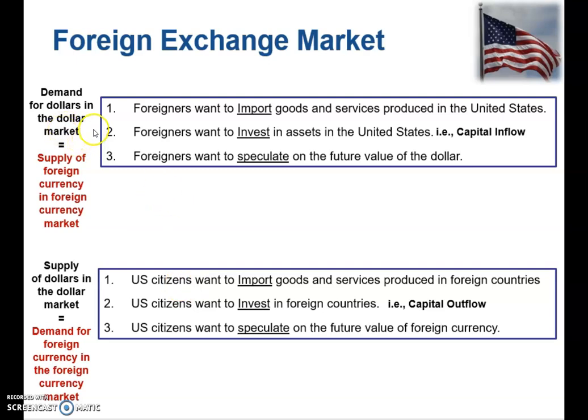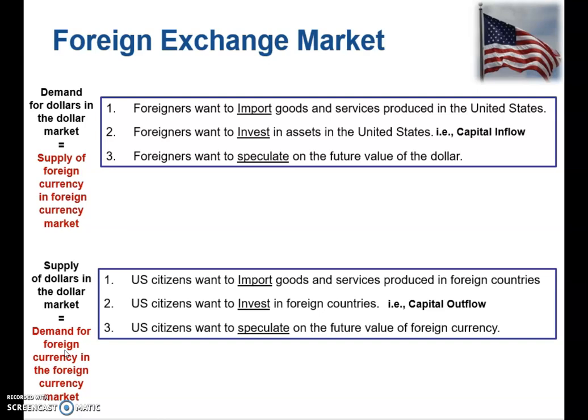Someone in Mexico will demand dollars and supply pesos. Conversely, if there's a supply of dollars in the dollar market, there's a demand for foreign currency in the foreign currency market. Someone in America will supply dollars to the dollar market to demand pesos to travel to Mexico or do business in Mexico.